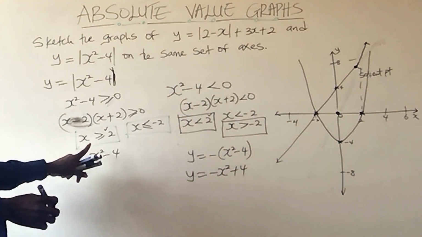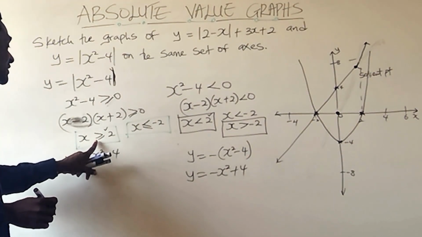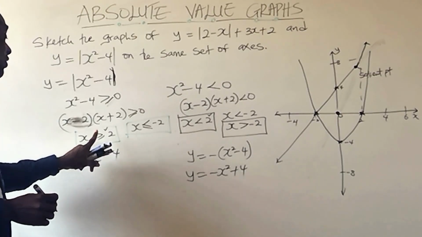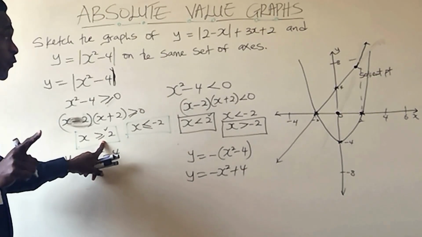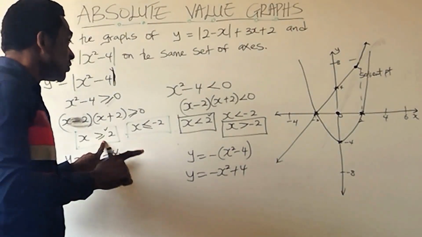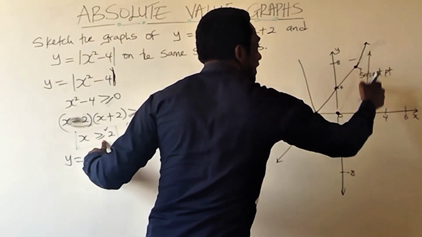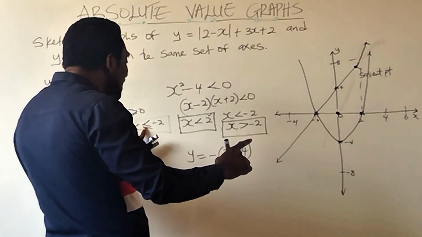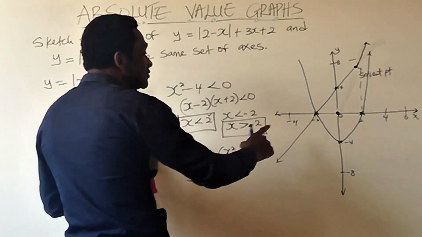Now remember, our condition says that x is greater than or equal to 2. That's number one. So only this part of x is valid, greater than or equal to 2, and less than or equal to negative 2.